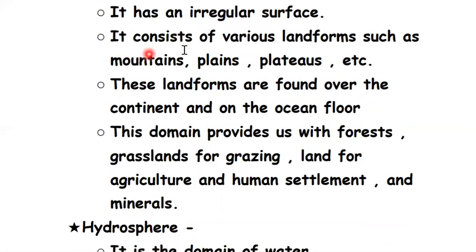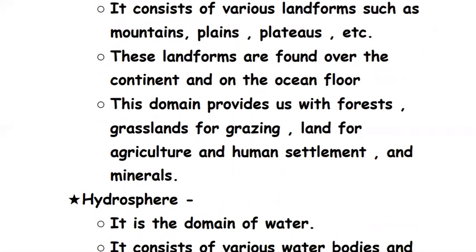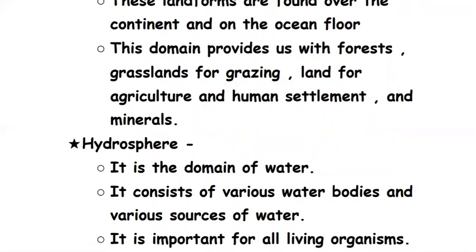These different landforms show that the lithosphere has an irregular surface. These landforms are found over the continents, the large masses of land like Asia, Africa, etc., and sometimes even on the ocean floor, below the ocean.